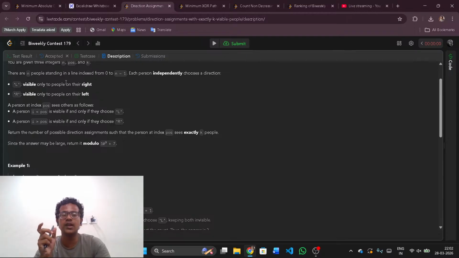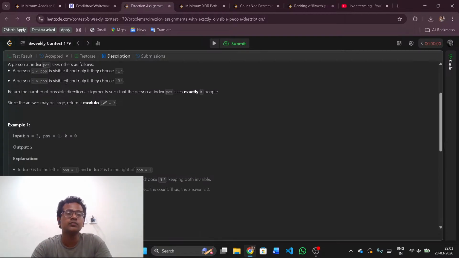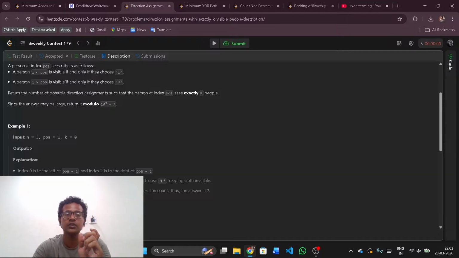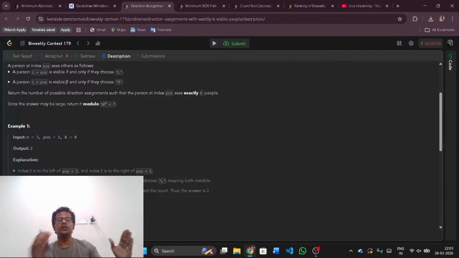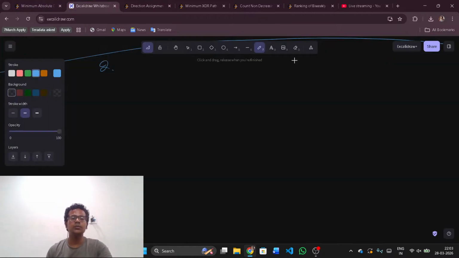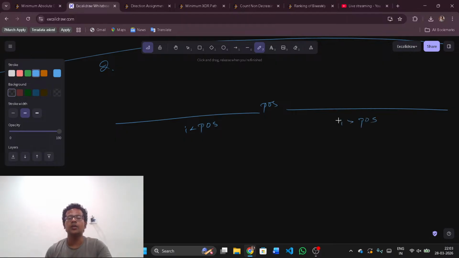Now, if a person chooses R, he is only visible to people who are on his left. A person at index position sees others as follows. Let me tell you, if this is our position, there will be people here, there will be people here. So i less than position comes here, and i greater than position comes here.